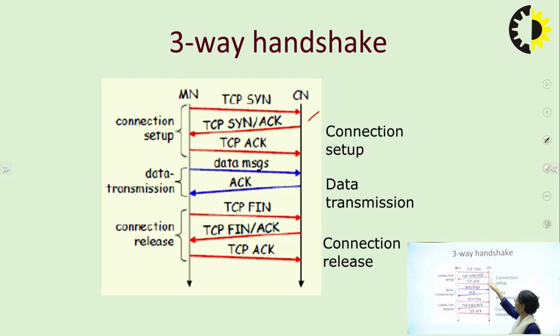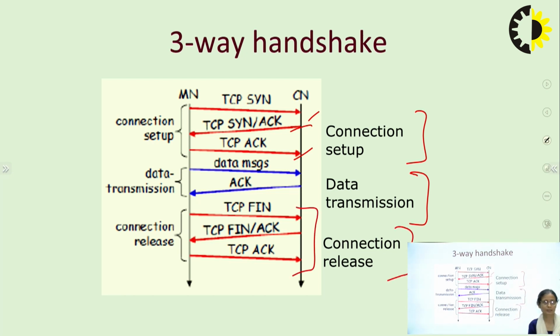The CN will send the acknowledgement to the MN, and once it is received, connection setup happens. Then comes the data transmission phase, with packets flowing for data transmission. For connection release, we again require packets: TCP FIN, and the FIN and acknowledgement from the CN side. Once the MN sends the last TCP acknowledgement to the CN, the connection release is confirmed.